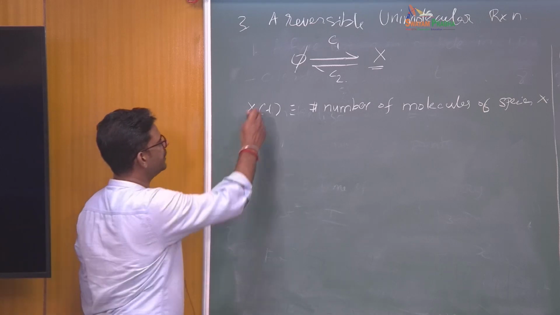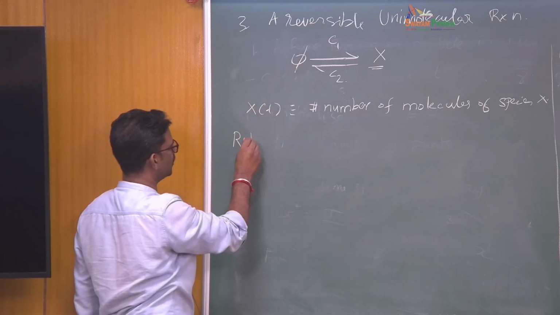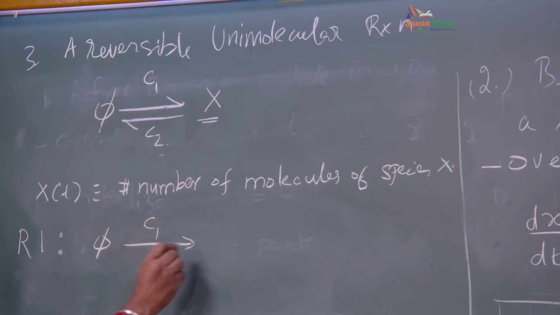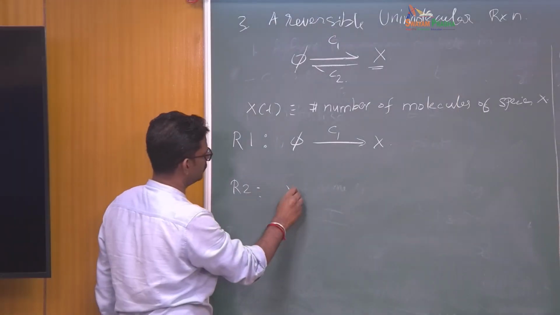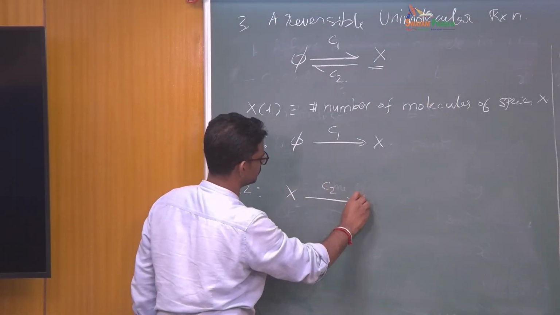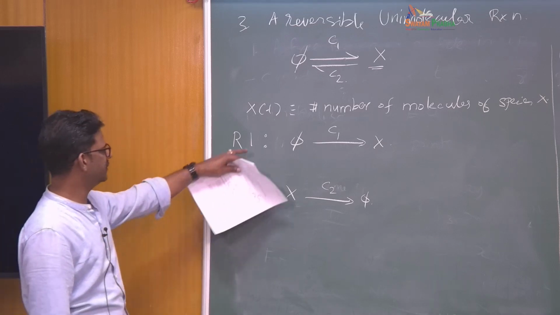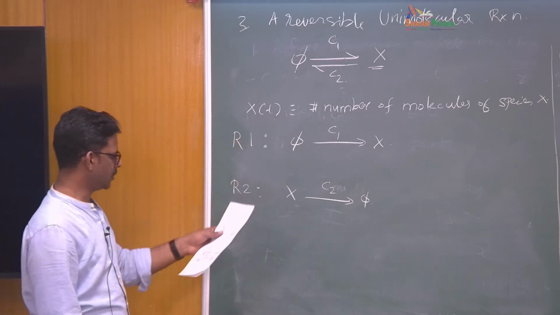So here we identified there are two reactions. Reaction R1, which is phi giving rise to X, and reaction R2, which is the reverse of this. So we have identified the reaction channels and the corresponding stoichiometry.